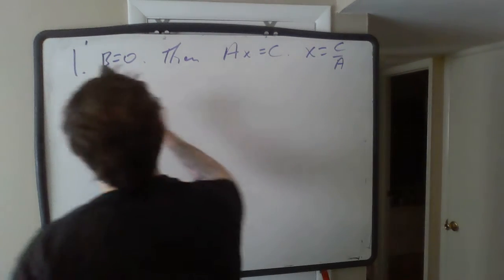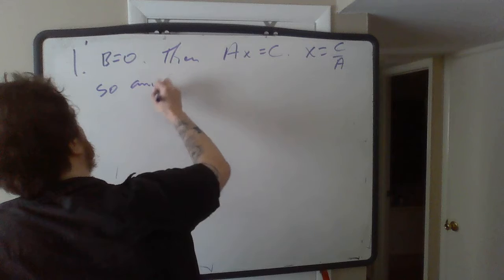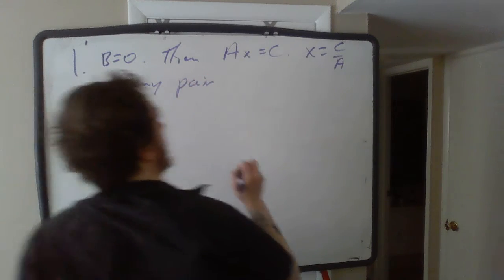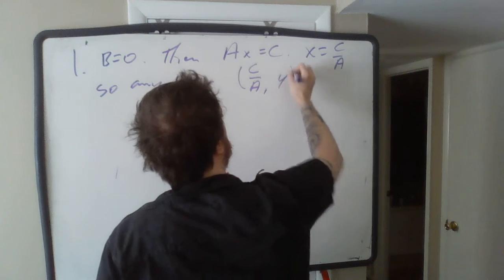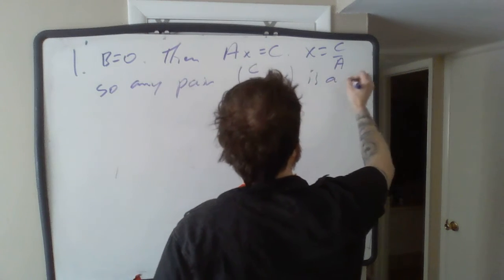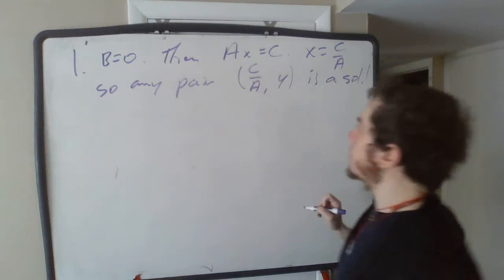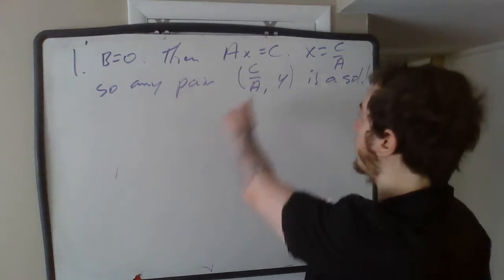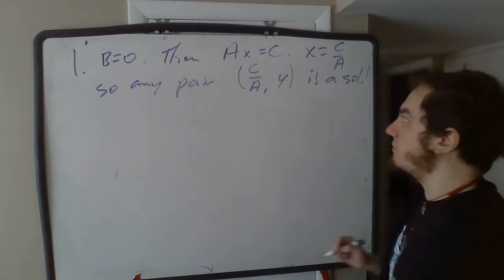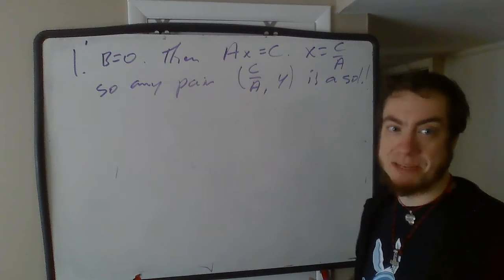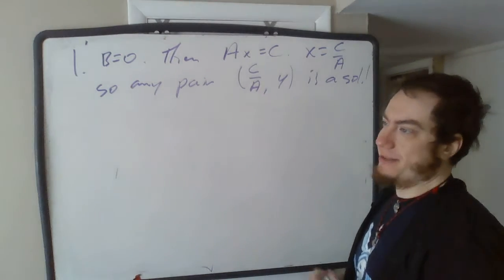So any pair of the form (c over a, y) is a solution to this particular equation. In other words, it has no dependence on the value of the second variable whatsoever. Now, that seems a little bit weird, but it's a possibility.